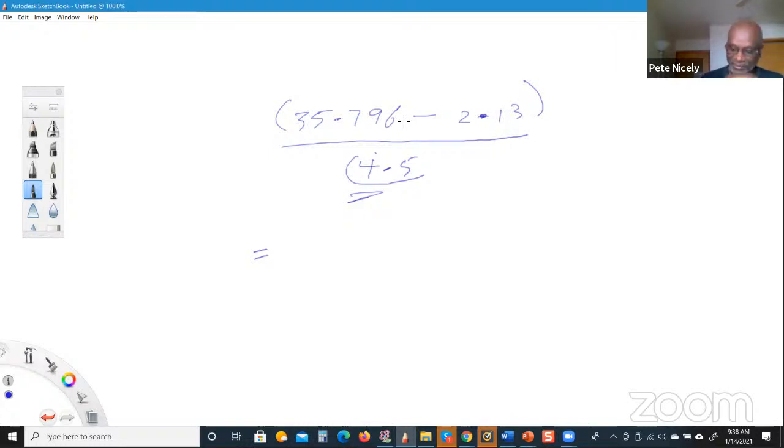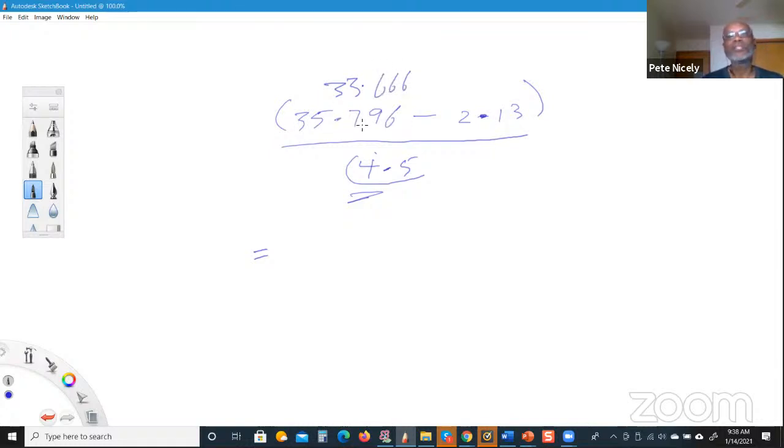So according to this, 35.796 minus 2.13. According to my calculation, the top part works out to be 33.666, all right?